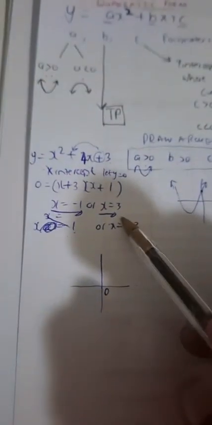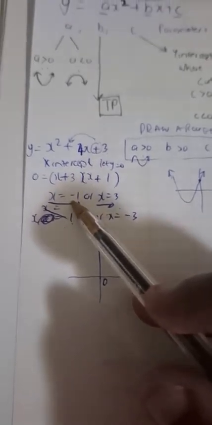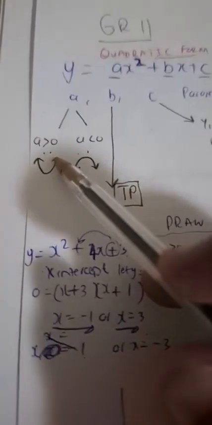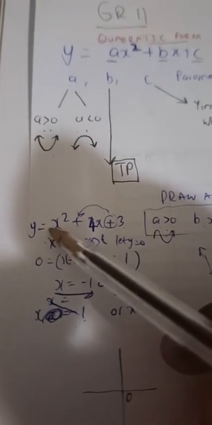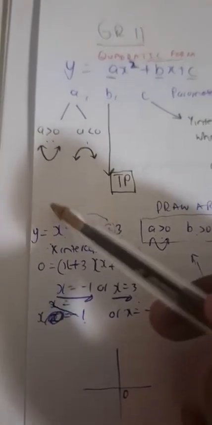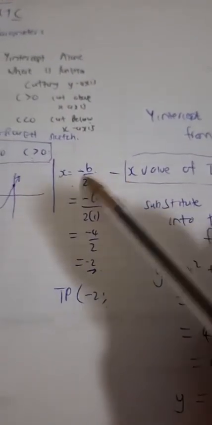And when we write it in coordinate form, of course, that's 3 and 0, negative 1 and 0. Our shape, we know because a is equal to 1, it's positive. That means we have a concave up function.